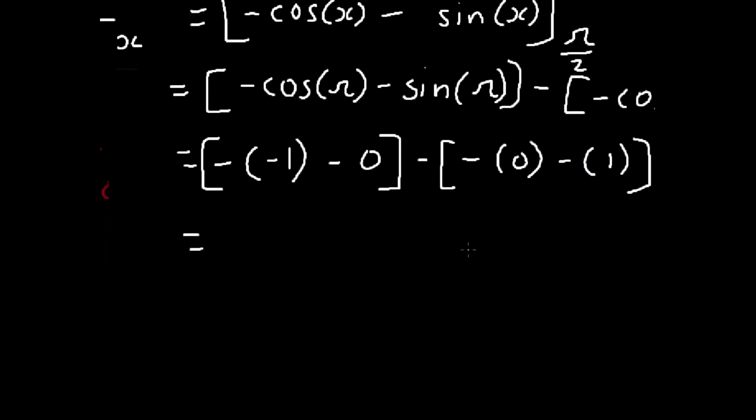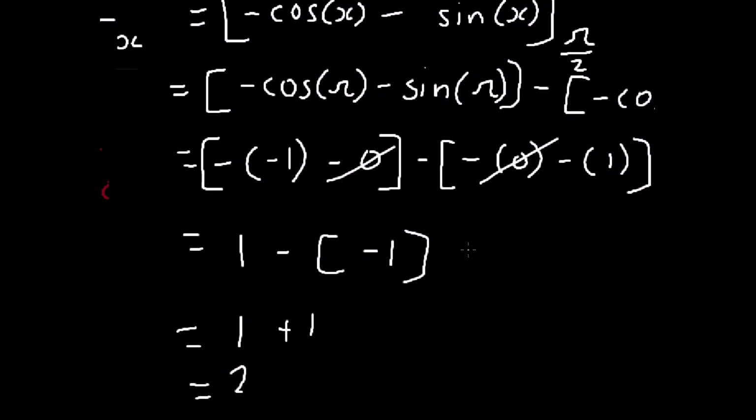Let us take away the brackets and just multiply everything out. So minus times a minus, that creates the plus, because there's those two lines there. They join forces to create a plus, and we're left with 1. Don't worry about the 0, we can just cancel that out, and then minus -1. So that will be 1 plus 1, which is equal to 2. And that is our final answer.